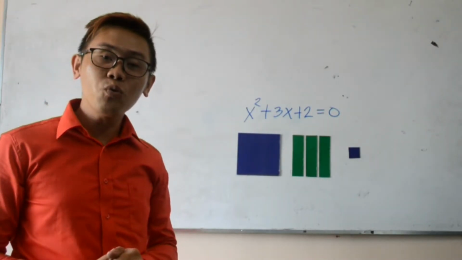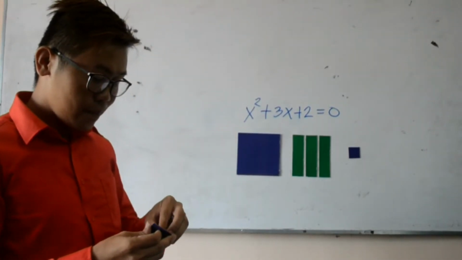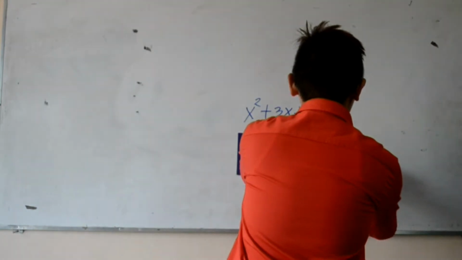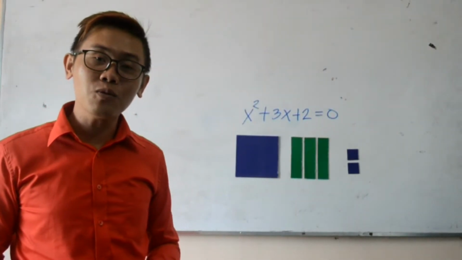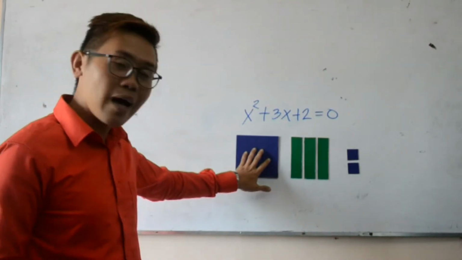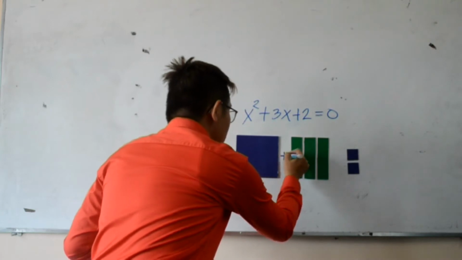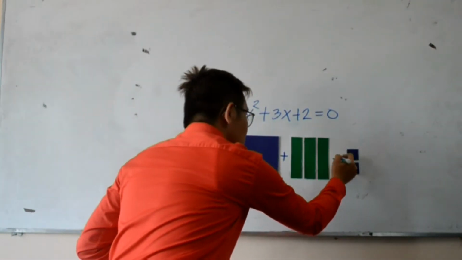So we need 2 small squares. Then, to illustrate x squared plus 3x plus 2, we have these tiles, which are x squared plus 3x plus 2.